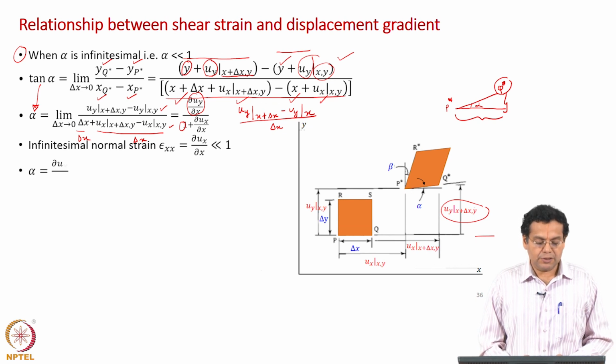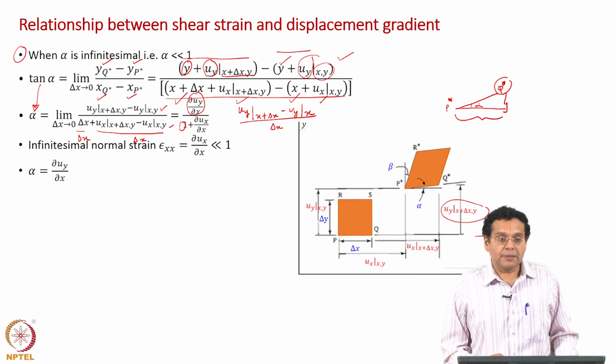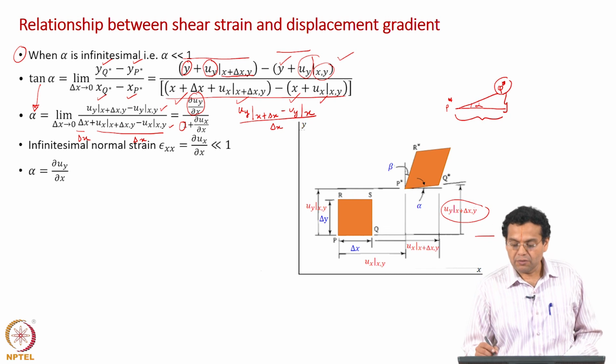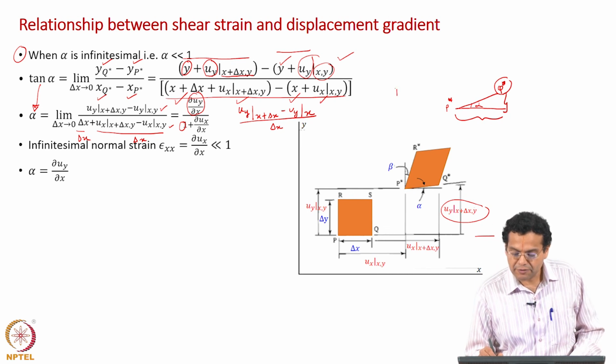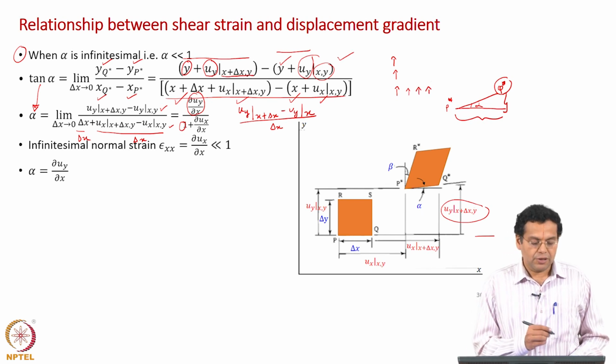So, alpha becomes dou u y by dou x. What is it? Change of y displacement along the x direction. The y displacement is vertical, but dou u y by dou x tells you how this vertical displacement changes in the x direction. That is the meaning of dou u y by dou x.